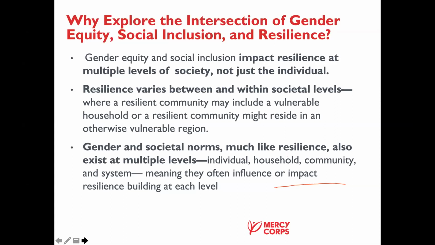Then, just like resilience, gender and society norms exist at different levels: individual, household, community, and also at the system level, meaning that they often influence or impact resilience building at each level.